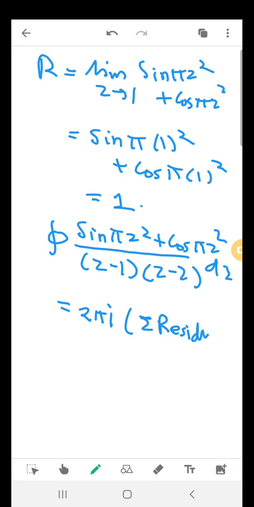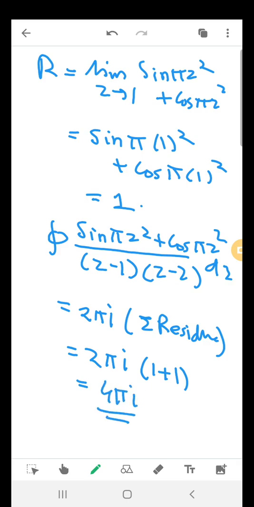The residues in both the cases are 1, so 2 pi i times (1 plus 1) will be equal to 4 pi i. So this is the answer.